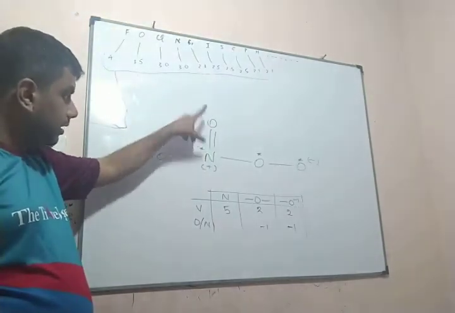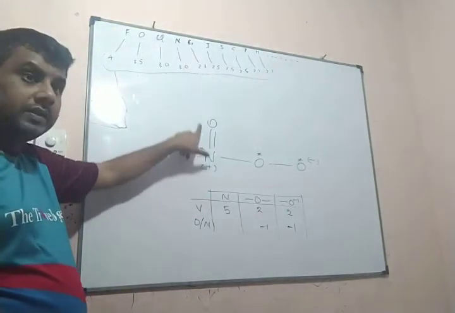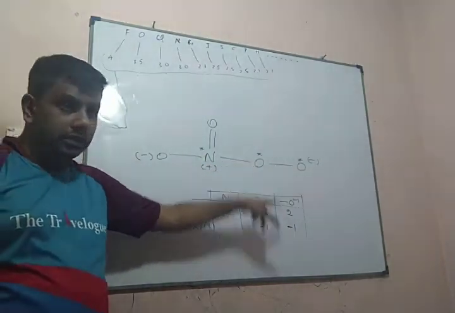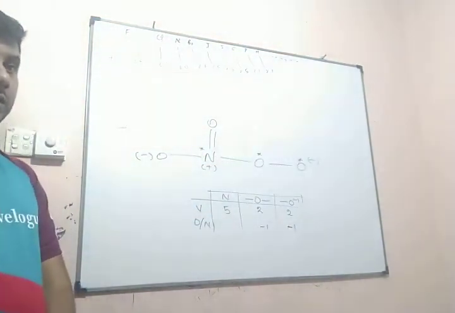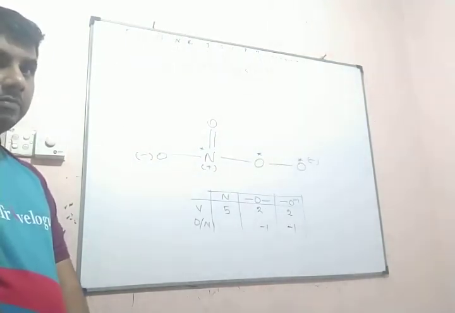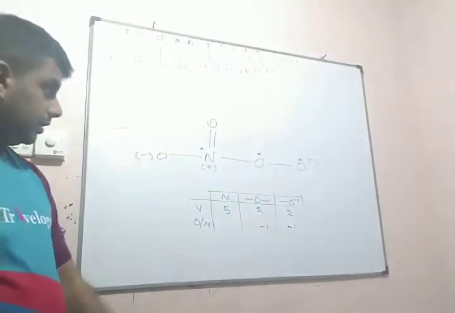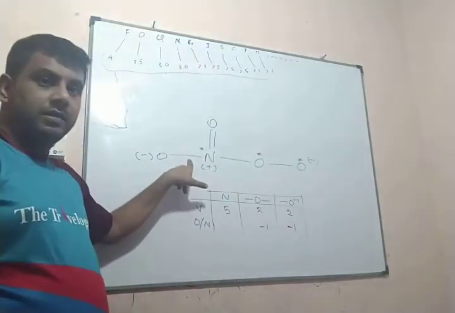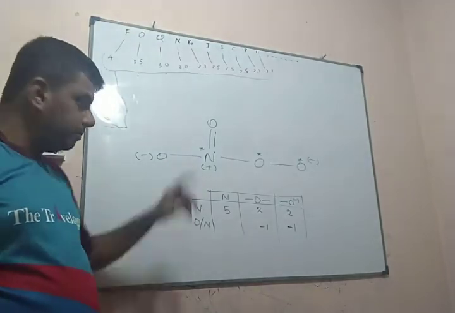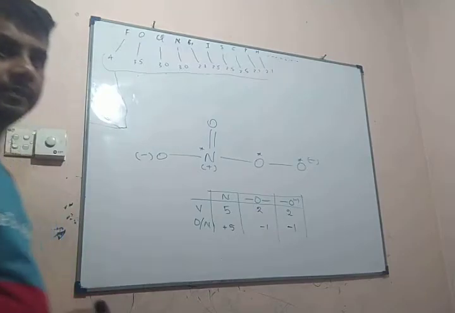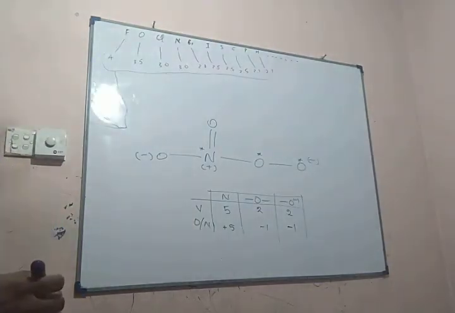Here 2 bonds, nitrogen +2, oxygen -2. 1 bond, nitrogen +1, oxygen -1. So totally, what's the charge of nitrogen? +5. Ionic oxidation state +1. Covalent oxidation state +4. So +5. Okay, this is the way you have to do it.